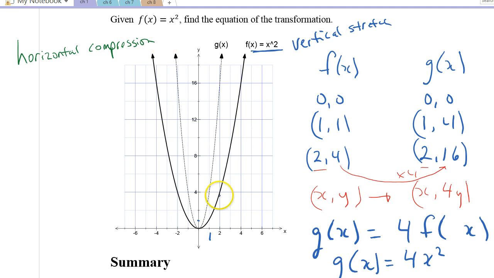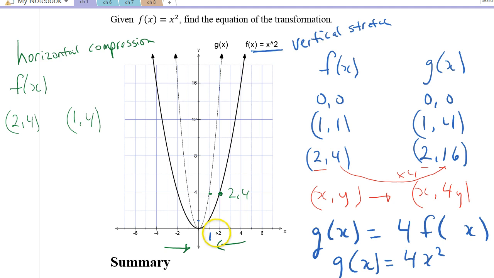So if this was my original point, I can think of it as horizontally it's getting compressed, it's getting pushed inwards like that. So if my original point on f of x is 2 comma 4, my corresponding point would be over here, 1 comma 4.